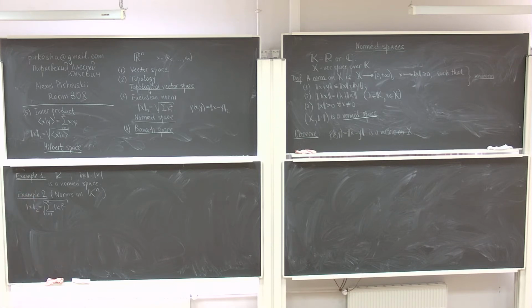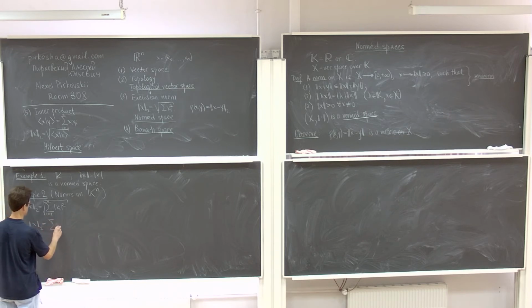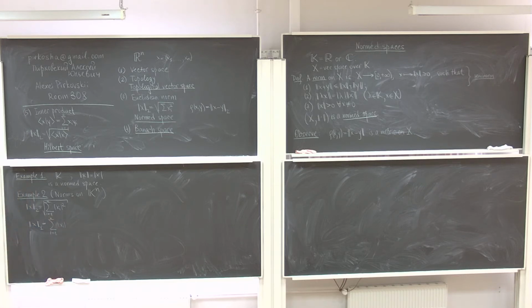In fact, we have several natural choices for a norm on K^n. Another natural choice is just to take the sum of the absolute values of the coordinates. And this is a different norm on K^n. And it's clear that all the axioms are satisfied.